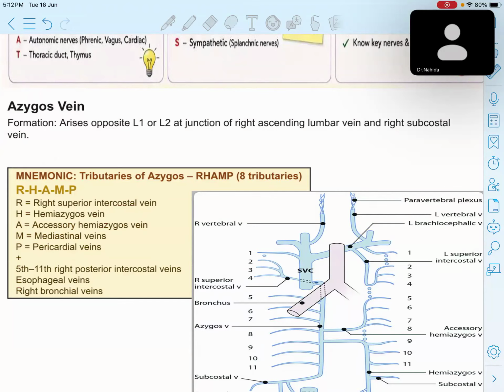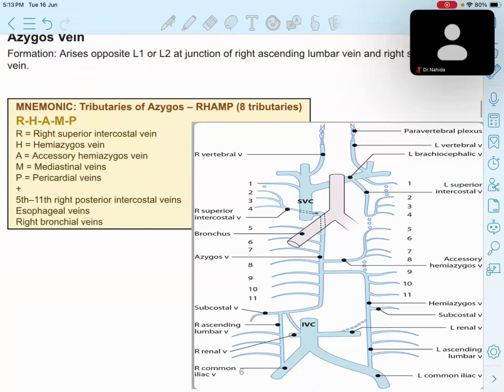Okay, so come to the next topic. It is the azygos vein. It is also important, but not high yield. Sometimes it is asked. First of all, we have to know the formation of the azygos vein. Come to this image.